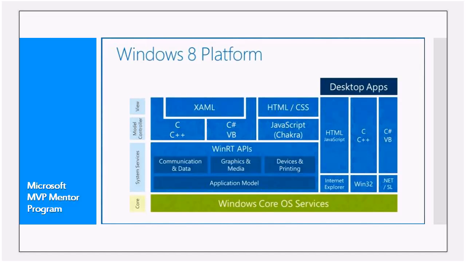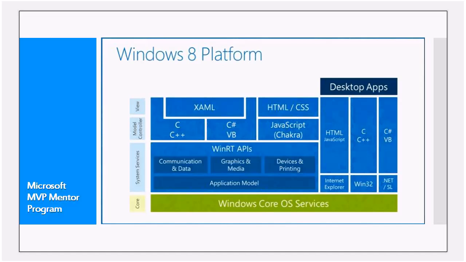You can see here that, for instance, you've got your APIs for communication and data, graphics and media, devices and printing, and you also have the application model. As you can see, they sit on top of the Windows Core OS services. And this is important to notice.